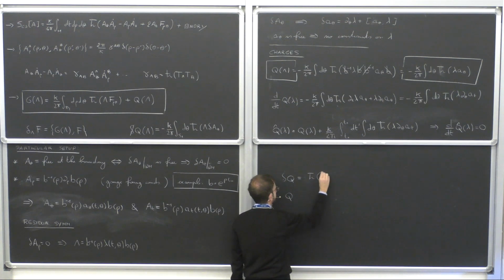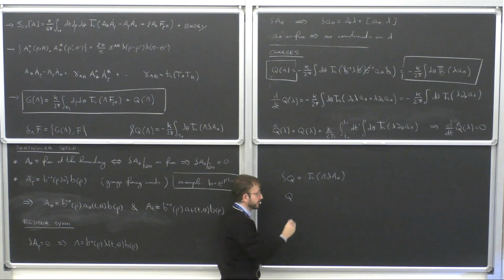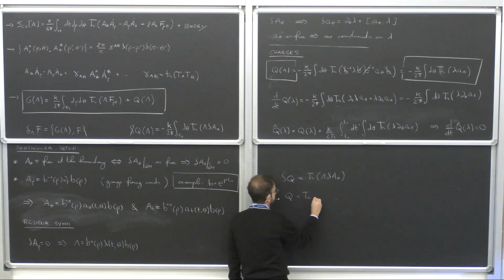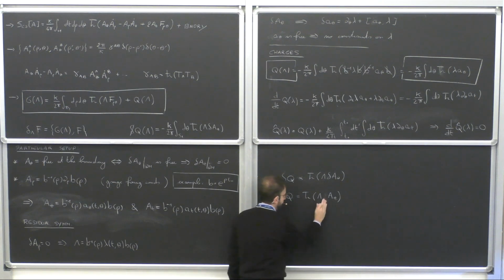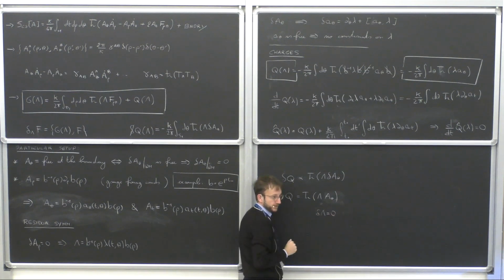I don't write the integrals, but just let me say something like this, okay? And then I solved it by saying this one, and that's it. Sorry. Because A theta does not depend on the canonical variables. But what is the thing that I used here? I just used the fact that delta lambda is equal to 0.